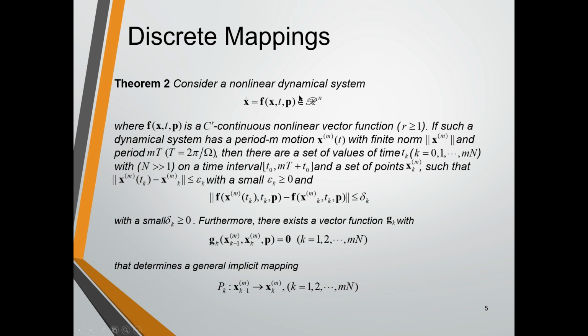Similarly, with the same system, if we consider a period m motion with its period equal to m times T, where T is 2 pi over omega, then we will be able to find a set of discretized time vector tk with a corresponding set of points xk, where these discretized points are very close to the original orbit, and thus can be used to represent the original orbit.